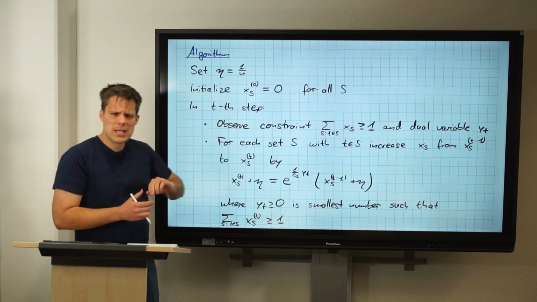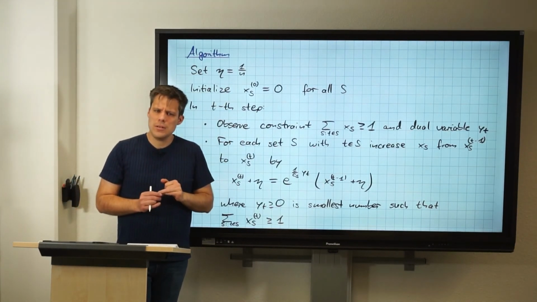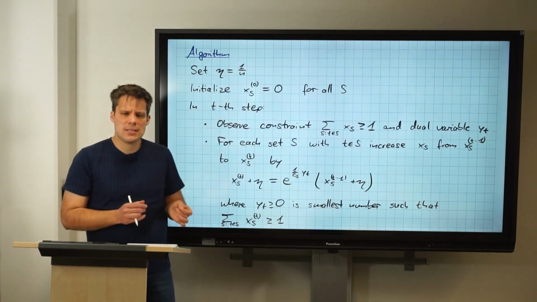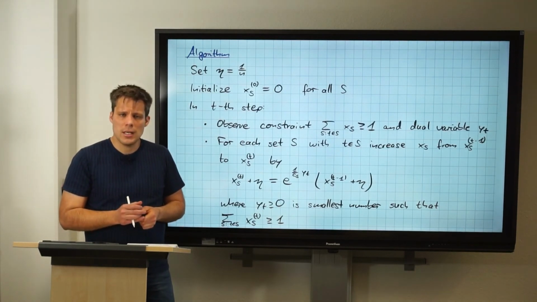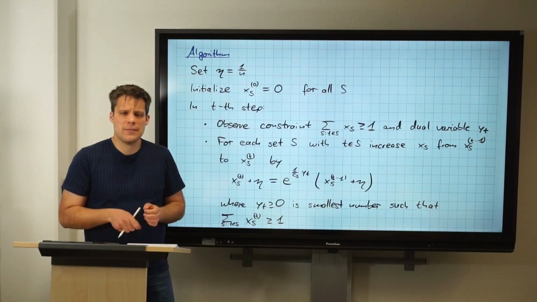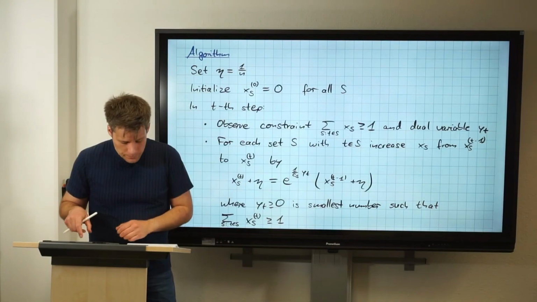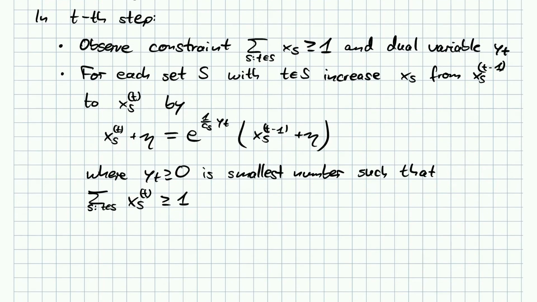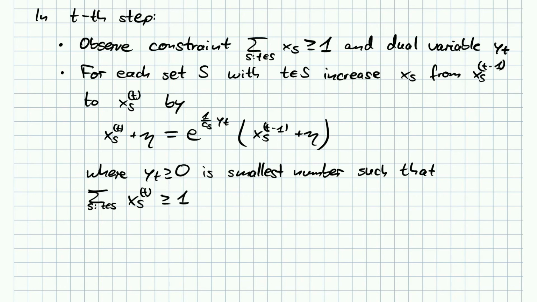By the way, n, what was n? You might be now confused. n was the number of sets that we have to cover the elements. We also had m, which was the size of the universe. And now we have the following theorem. We will be showing that this algorithm is O of log n competitive.